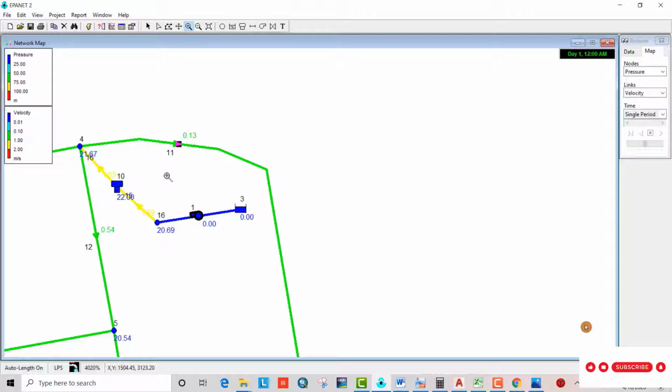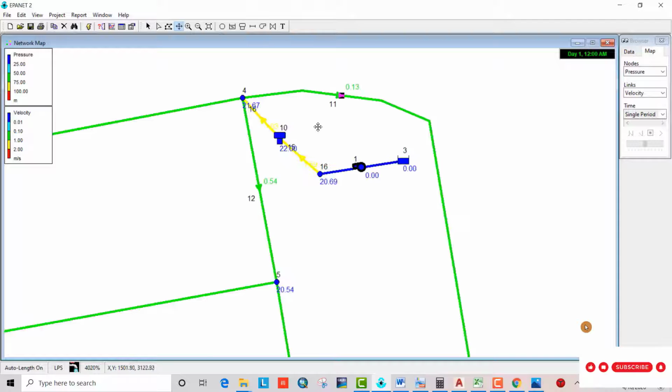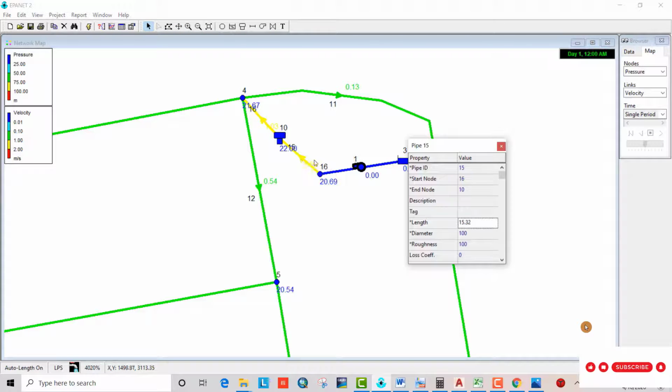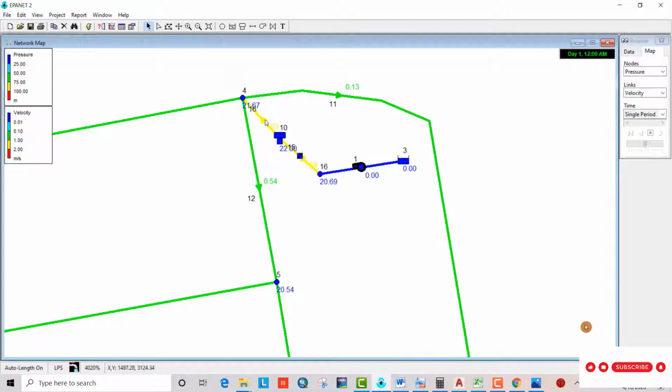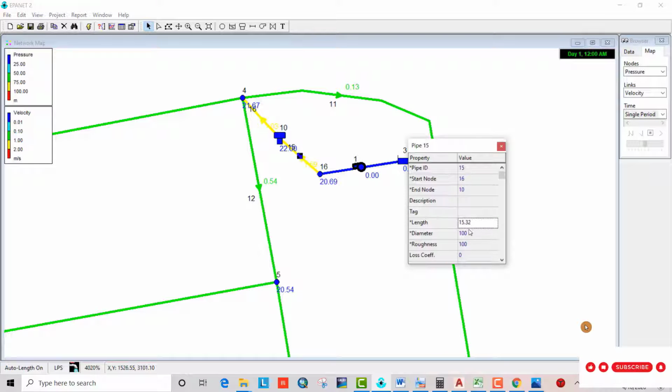0.59. One 1.03. I can change this one to 150 because the velocity is too much.